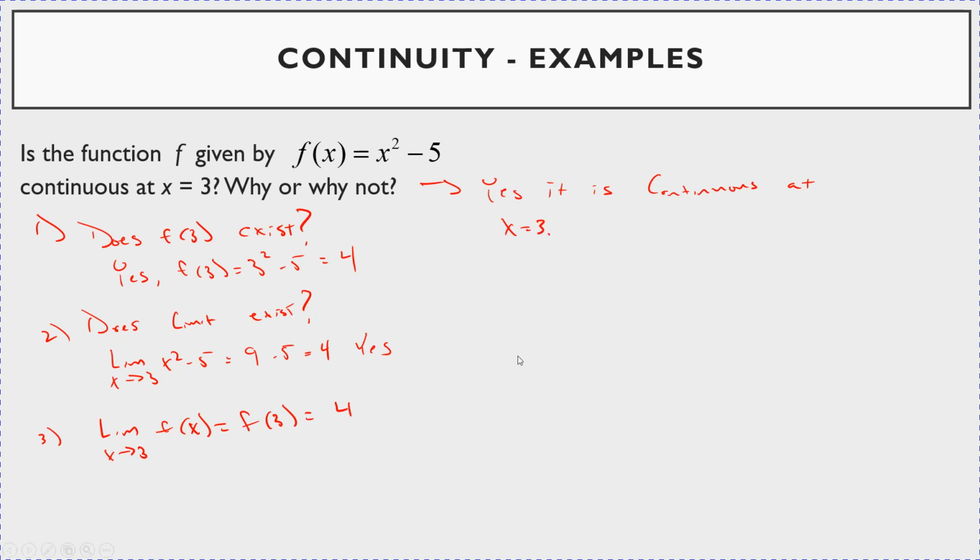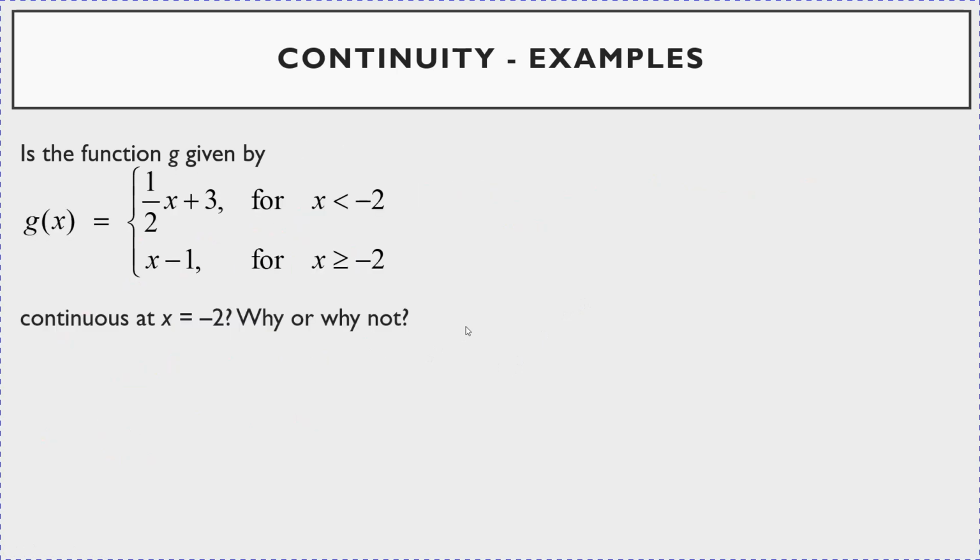All right, let's see an example where it's not continuous. We've got a piecewise function g of x. It's equal to 1/2 x plus 3 when x is less than -2, and it's equal to x minus 1 when x is greater than or equal to -2. Is it continuous at x is equal to -2?